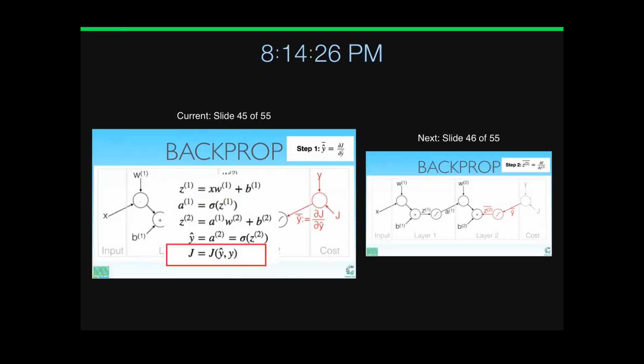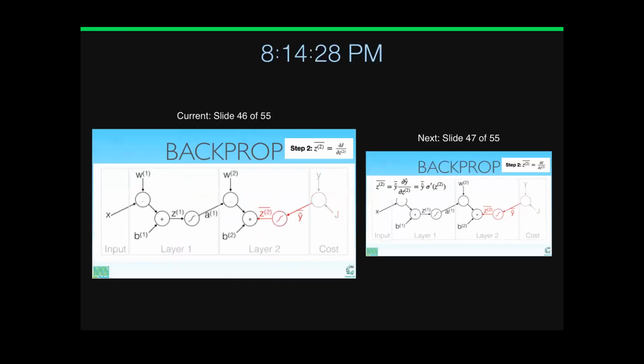Why? Because now, step 2 is I want to calculate this Z2 overline, which is the derivative of J with respect to Z2. And guess what? If I look at the formula, Z2 overline is Y hat overline times the derivative of Y hat with respect to Z2.